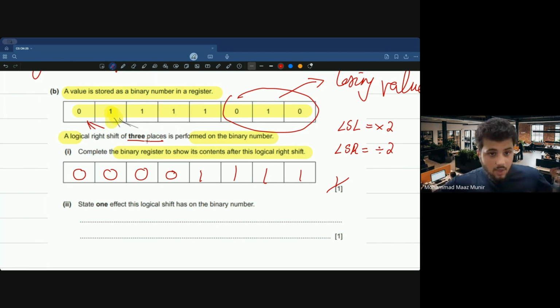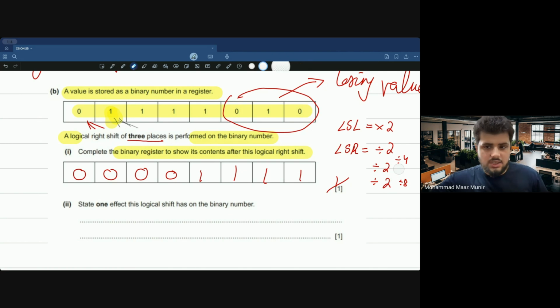So let's say if I had a number up here and I shifted to the right once, the value is going to get divided by 2. Then again divided by 2, again divided by 2. Why am I dividing it separately? Because it says that there is a logical right shift of 3 places. It's not divided by 8 directly. 2 divided by 2 is basically division by 4, and division by 4 by division by 2 is basically division by 8.